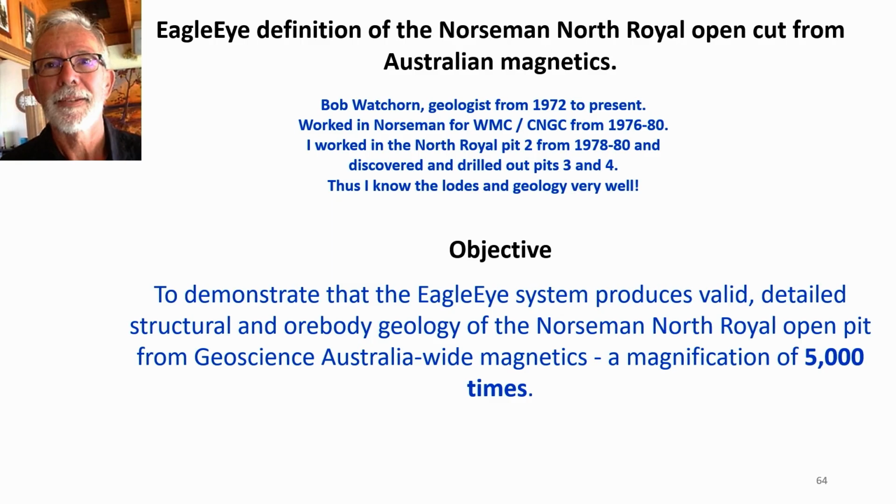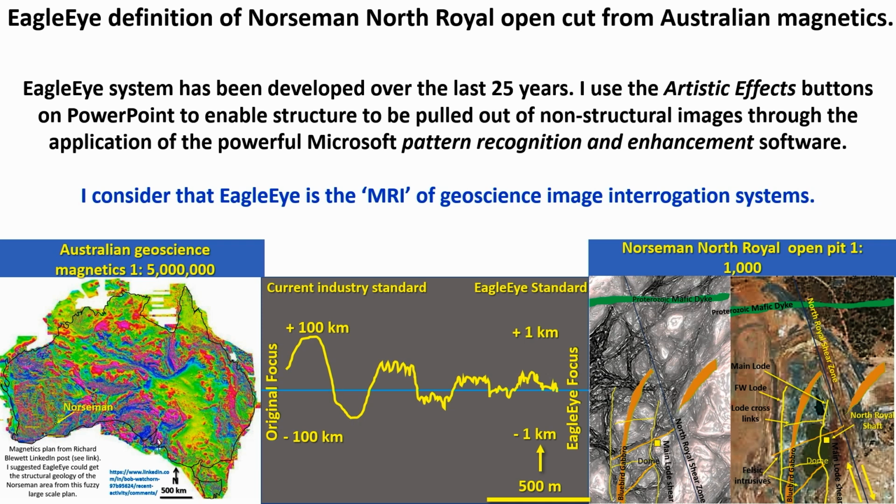The objective of this talk is to demonstrate that the EagleEye system produces valid, detailed structural geology of the Norseman North Royal open pit from Geoscience Australia-wide magnetics, magnification of 5,000 times. The EagleEye system has been developed over the last 25 years.